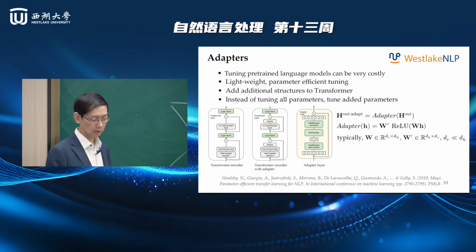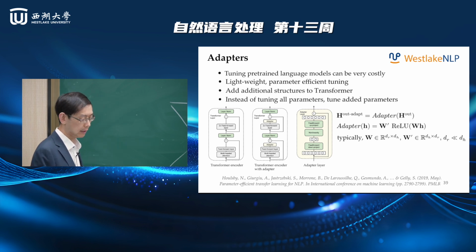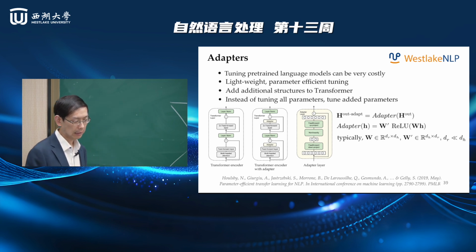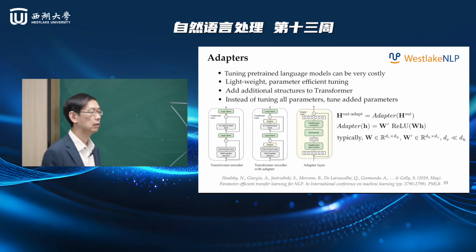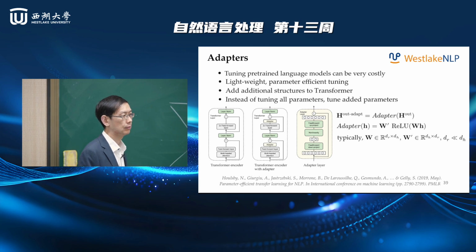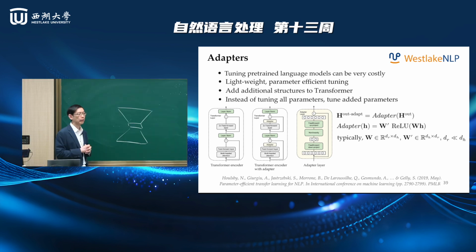So one way to achieve that is called adapter. Okay, what is adapter? So adapter is to add a set of additional parameters to a pre-trained transformer model. So when you fine-tune the model, you don't fine-tune the pre-trained parameters, but you only fine-tune the adapter parameters.